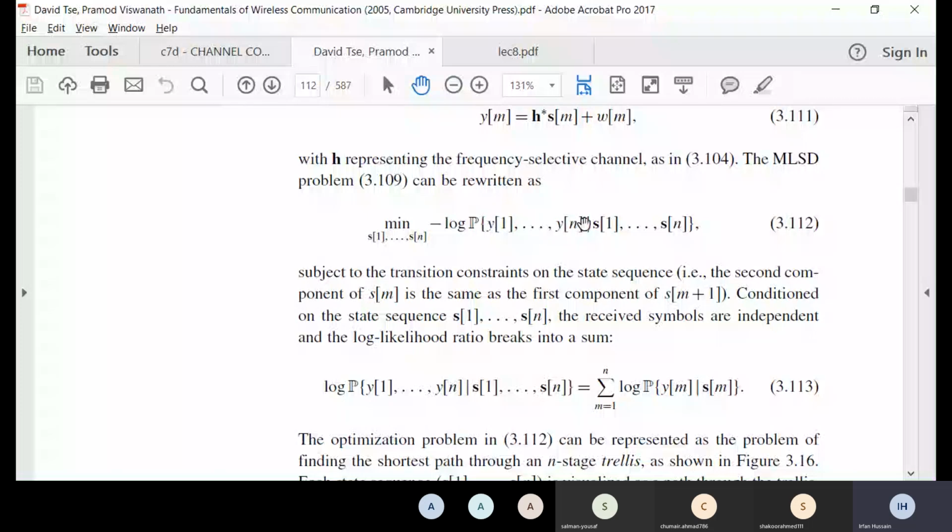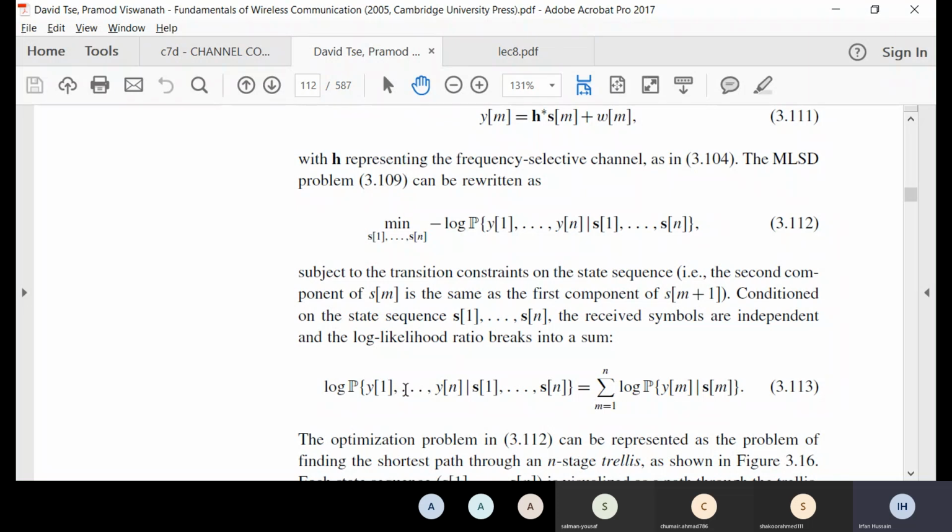So I can break up this log expression as this, provided the received symbols are independent. The received symbols, if they are independent, they are not dependent on the other Y's.